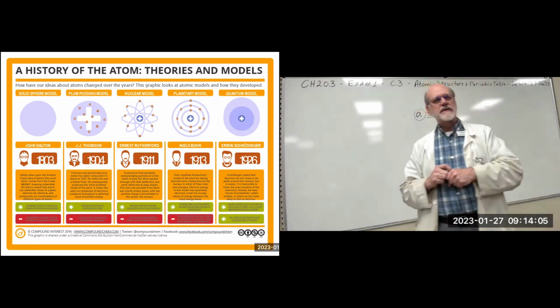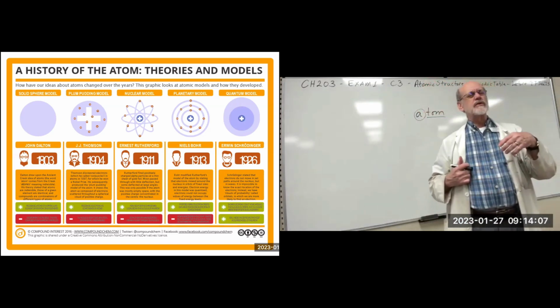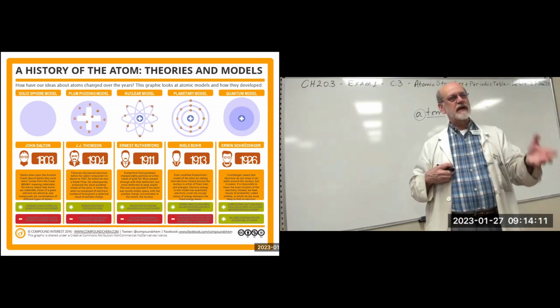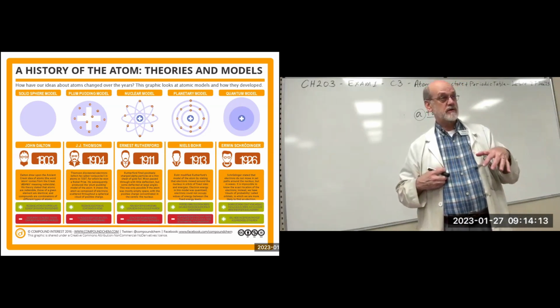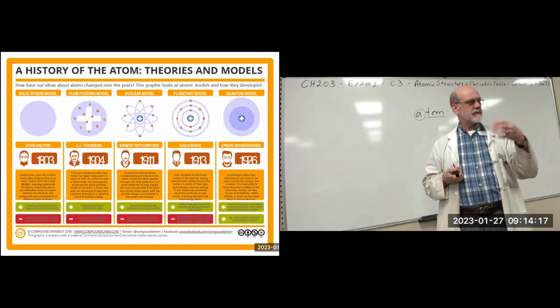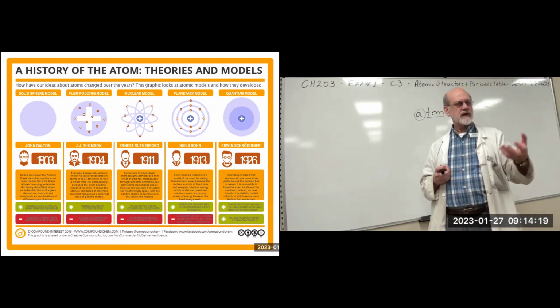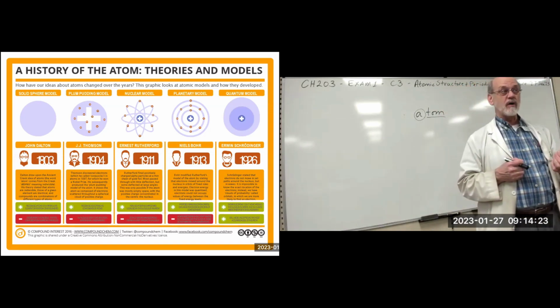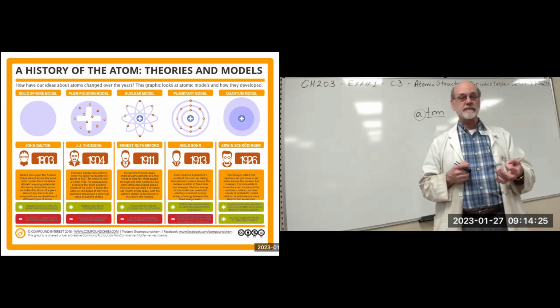J.J. Thomson had been able to determine the ratio of the mass of an electron to its charge. That didn't tell you exactly what the mass of the electron was, but it gave you a sense that the electron was probably really small, with almost no mass.